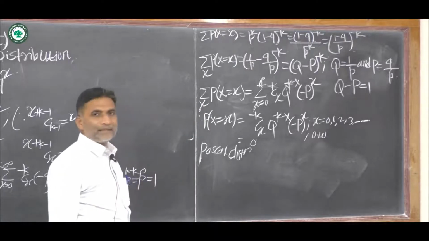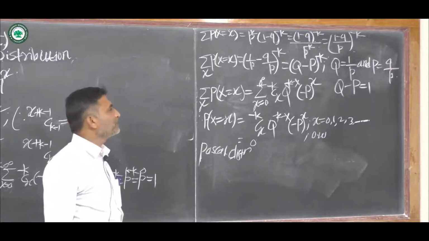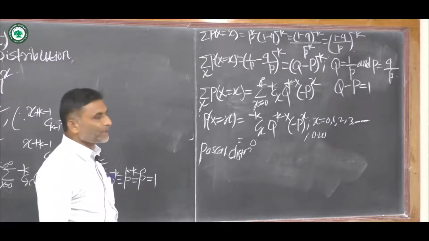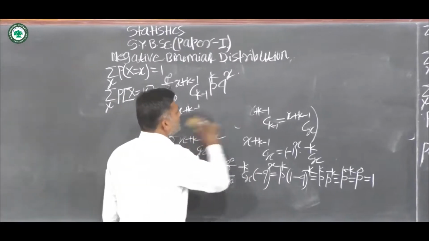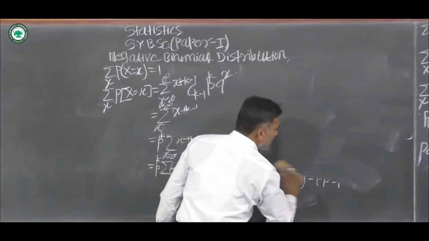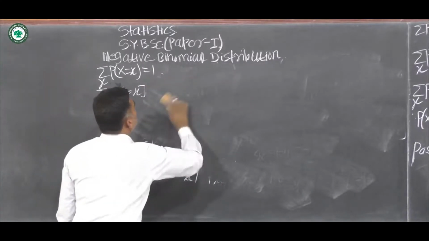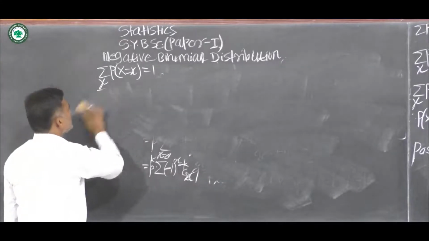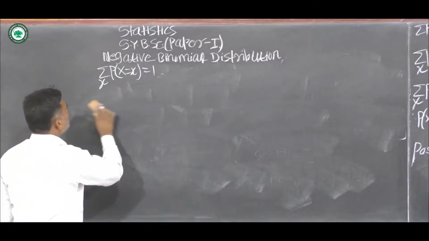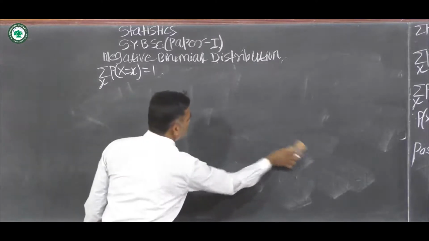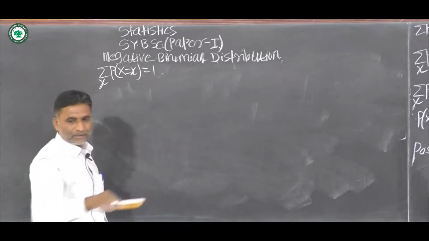Now we see the mean and variance of the negative binomial distribution. First we derive the mean of the negative binomial distribution. To derive the mean, we consider the condition summation of probability of x is equal to 1, that is, total probability is equal to 1.